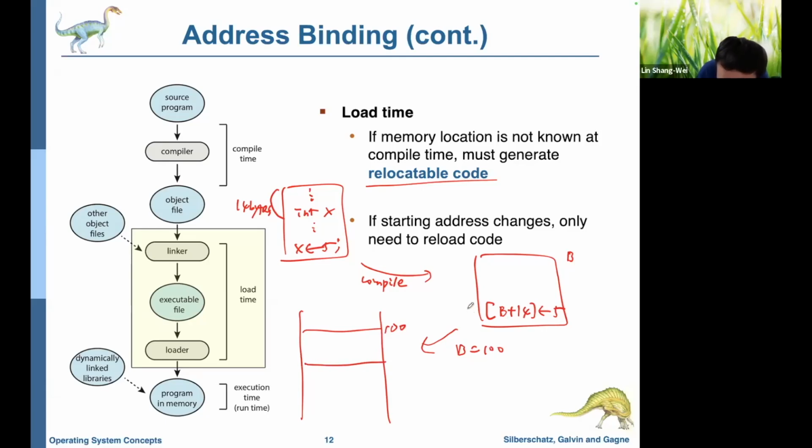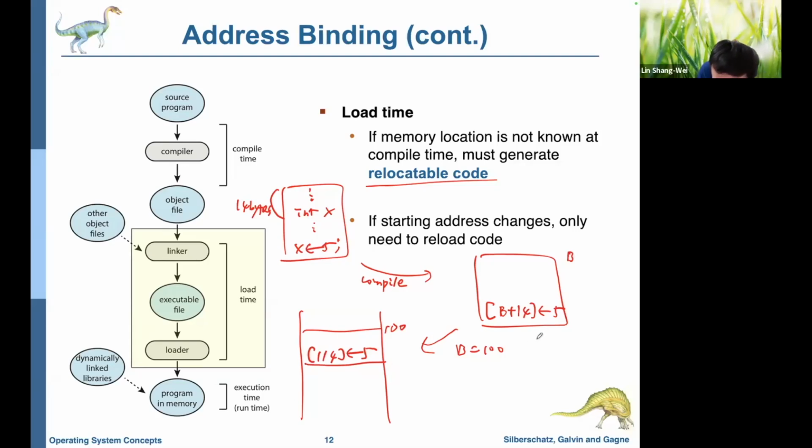And then this statement will become 114. So the loader will help you fill in this B value, the base address, so that your code becomes like this. Then what if you want to load your program starting from 200?